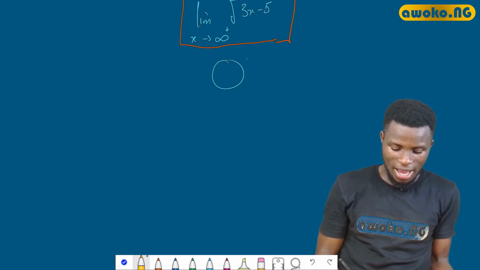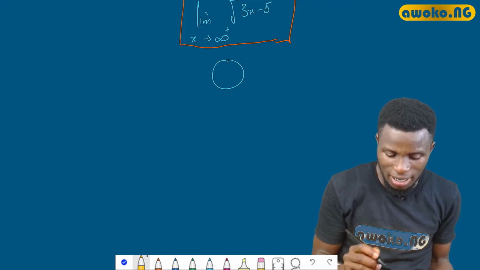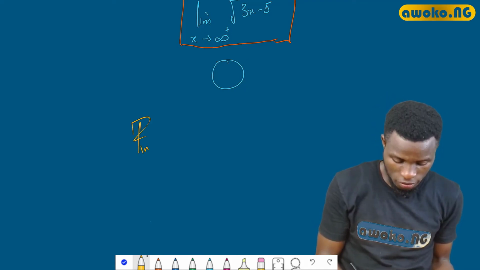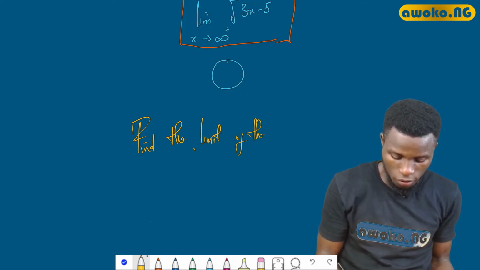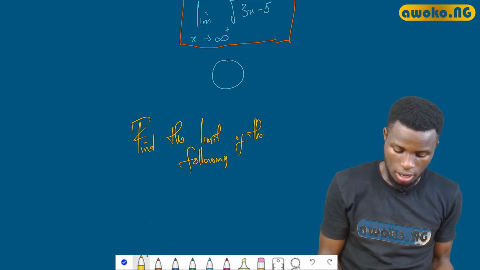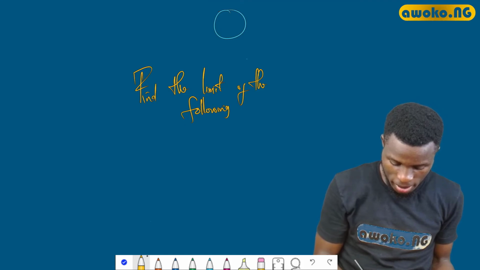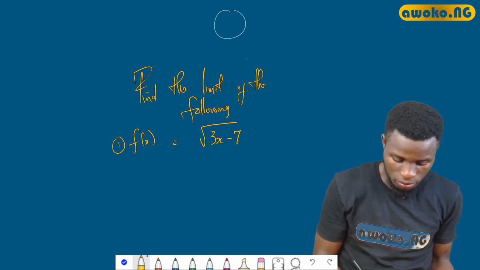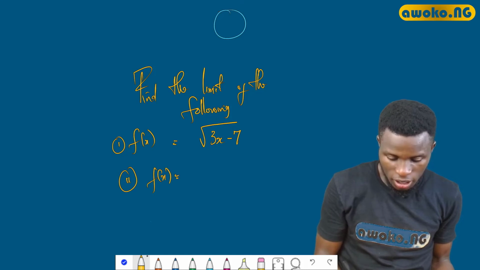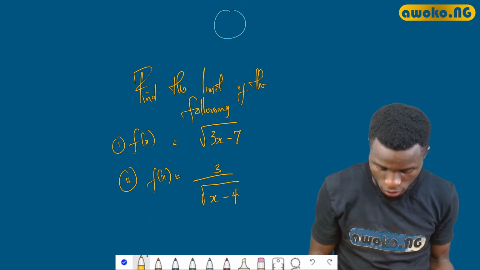Let us take an example. The first example is: find the limits of the following. The following functions are f of x equal to the square root of 3x minus 7, and f of x equal to 3 over the square root of x minus 4.